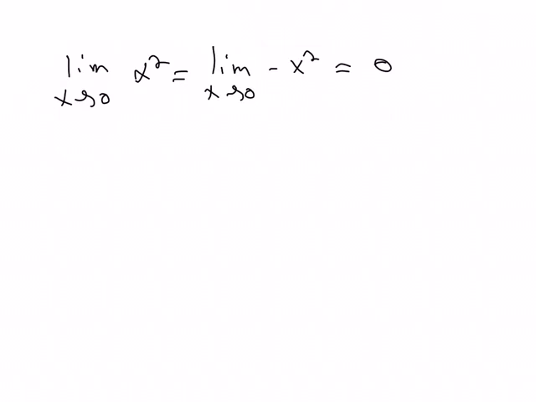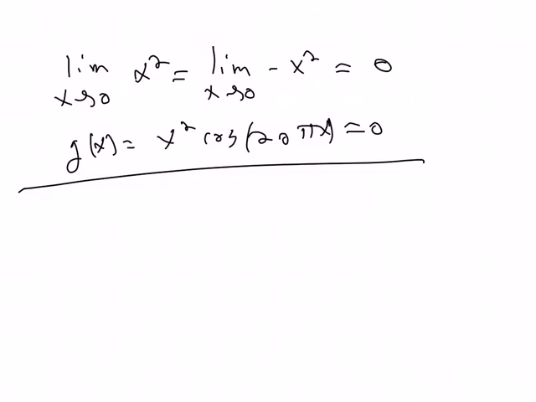So therefore we know that g of x, which is x squared cosine 20 pi x, has limit 0.